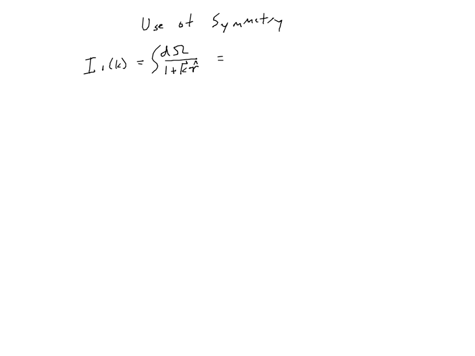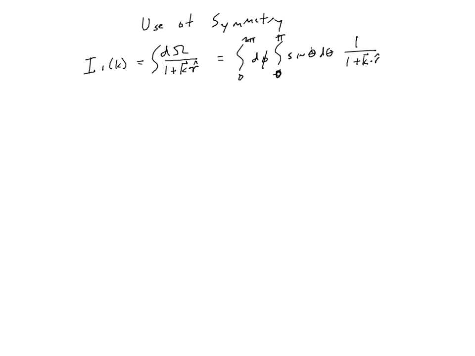You can break it up into a phi part and a theta part. We integrate over phi, and we integrate over theta, where theta goes from 0 to pi, of sine theta d theta, and then you're left with this other term, 1 over 1 plus k dot r hat.